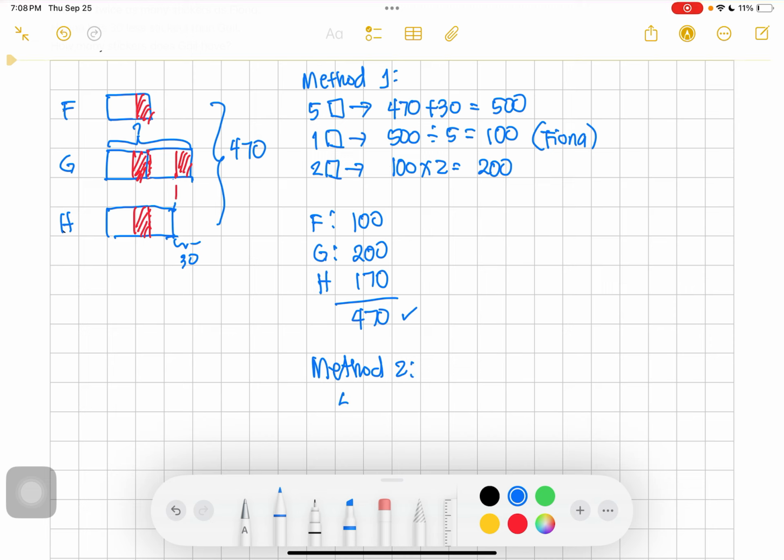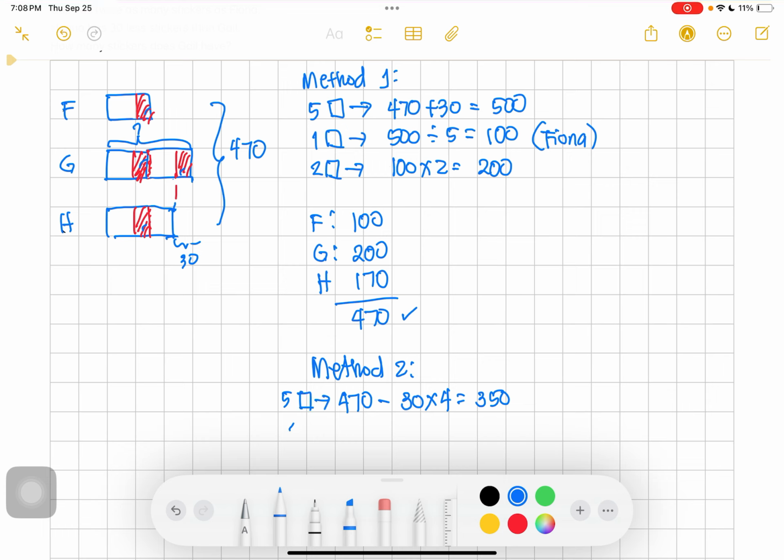So 470 minus 30 times 1, 2, 3, 4 is 470 minus 120 will give me 350. And that is still 5 units. But this time the units are smaller.